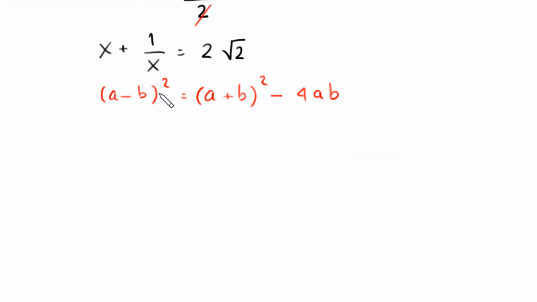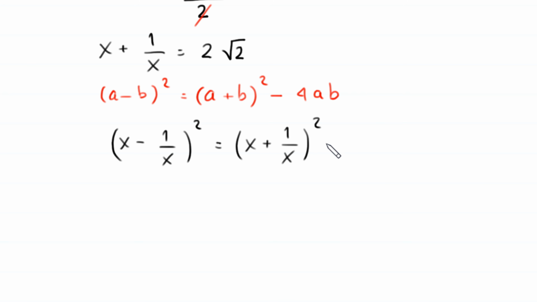By using this identity, (x minus 1 over x) whole squared is equal to (x plus 1 over x) whole squared minus 4. We replace this x plus 1 over x with this value, 2 times root 2.